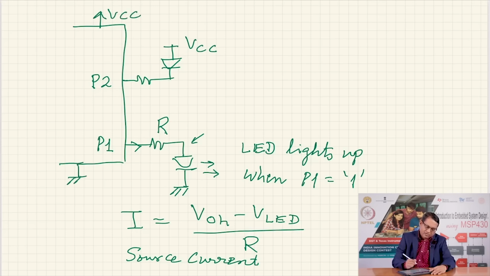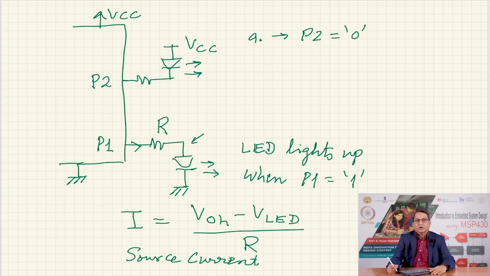Now, the LED lights up when P2 is equal to 0. This is called active low. In the first case, the LED lights when P1 is high, which is active high, that is, the activity happens when the signal is logic 1, logic high. Here it is active low.